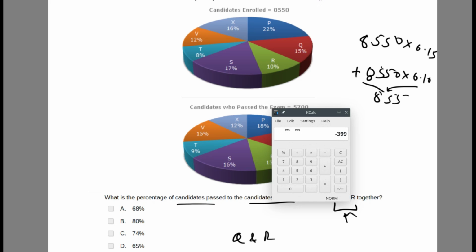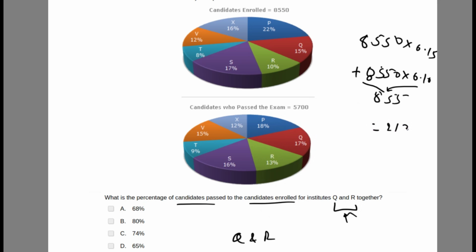Just find the calculator. 8550 into 0.15 plus 855 is 2137.5.